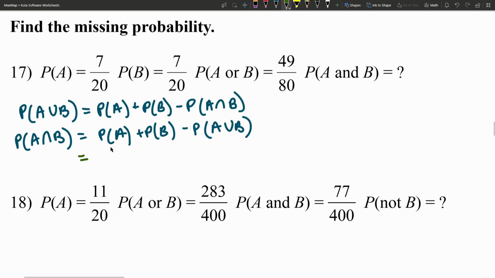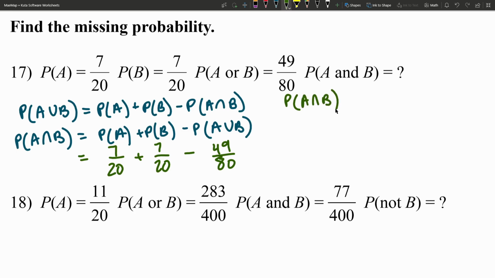The probability of A is 7/20, the probability of B is also 7/20, and we know that union is 49/80. 7/20 plus 7/20 is 14/20, so I'm going to write that the probability of A and B is equal to 14/20 minus 49/80. Now in order to subtract fractions, I need a common denominator.